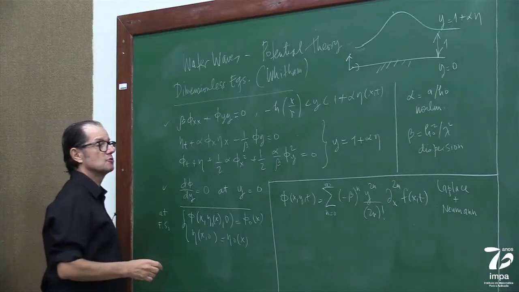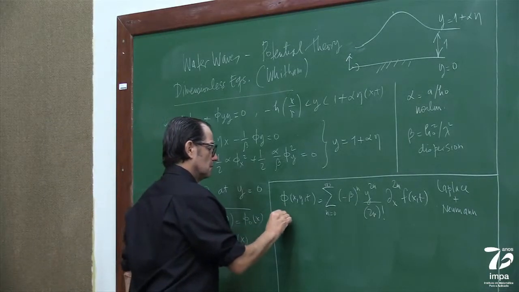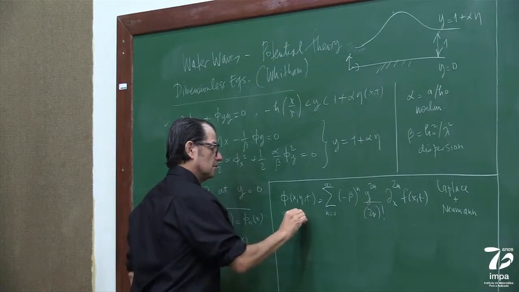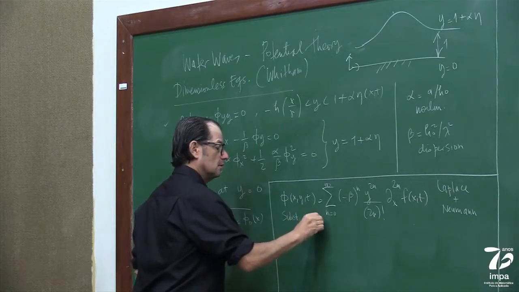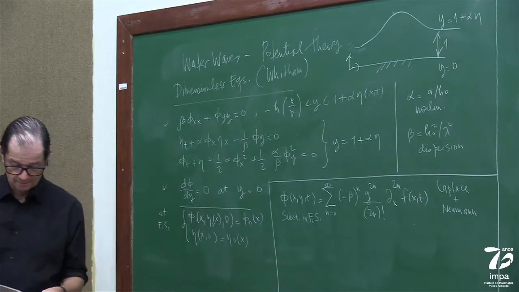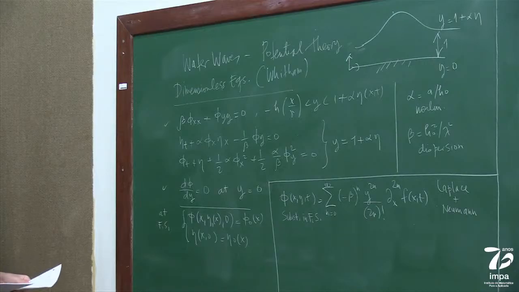And then we substitute this in free surface conditions. Okay, and this is what we did last class. And we got the following system.